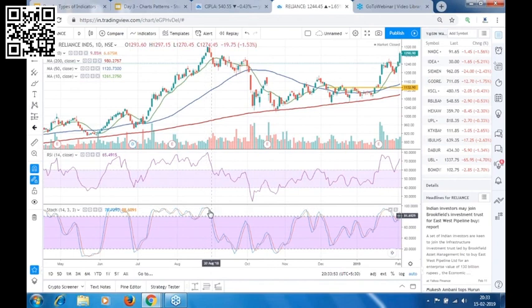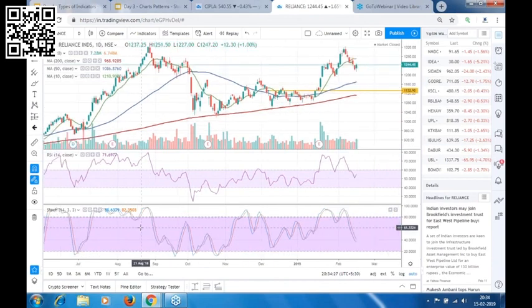So RSI and stochastic are both momentum oscillator indicators. RSI above 70 is considered overbought and below 30 is oversold. Same with stochastic: above 80 is overbought and below 20 is oversold. Now, oscillator, we all know what an oscillator is.